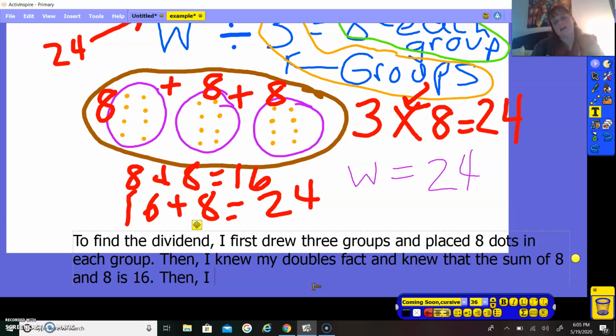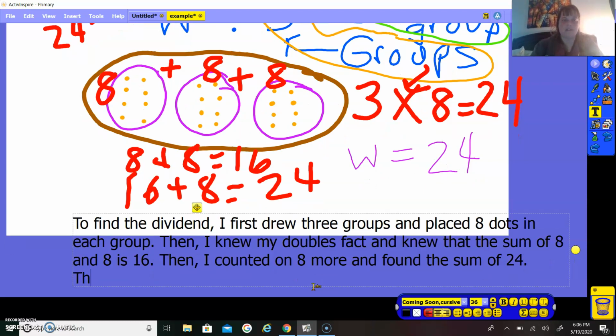Then I counted on 8 more and found the sum of 24. The dividend in this problem is 24.